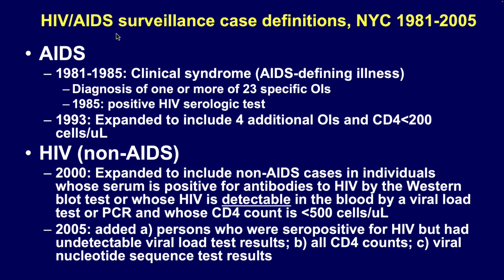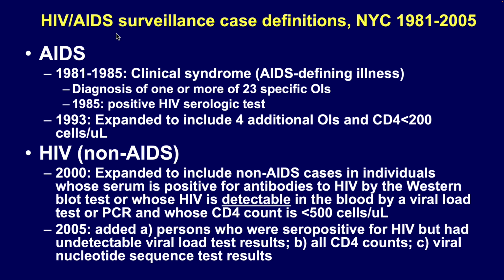So the plan in June of 2000 was to add HIV non-AIDS diagnoses to the case definition and surveillance system. You can see the expanded case definition on the bottom half of the slide, which adds HIV diagnoses without AIDS based on the results of serologic tests or a detectable HIV viral load test.